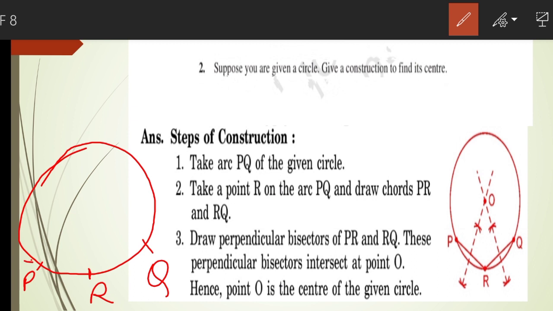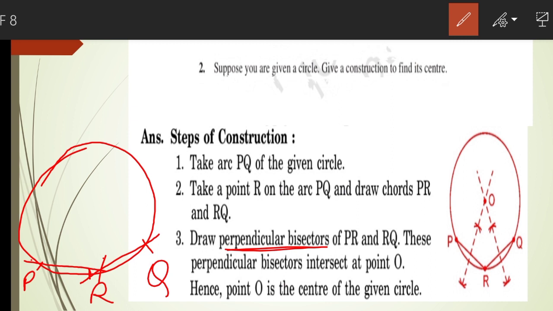So PR is one and QR is the other. Now we will draw the perpendicular bisector of the lines PR and QR. Perpendicular bisector means we divide the line in two halves in such a way that the line which halves PR and QR is perpendicular to them. So we need to draw a perpendicular bisector.